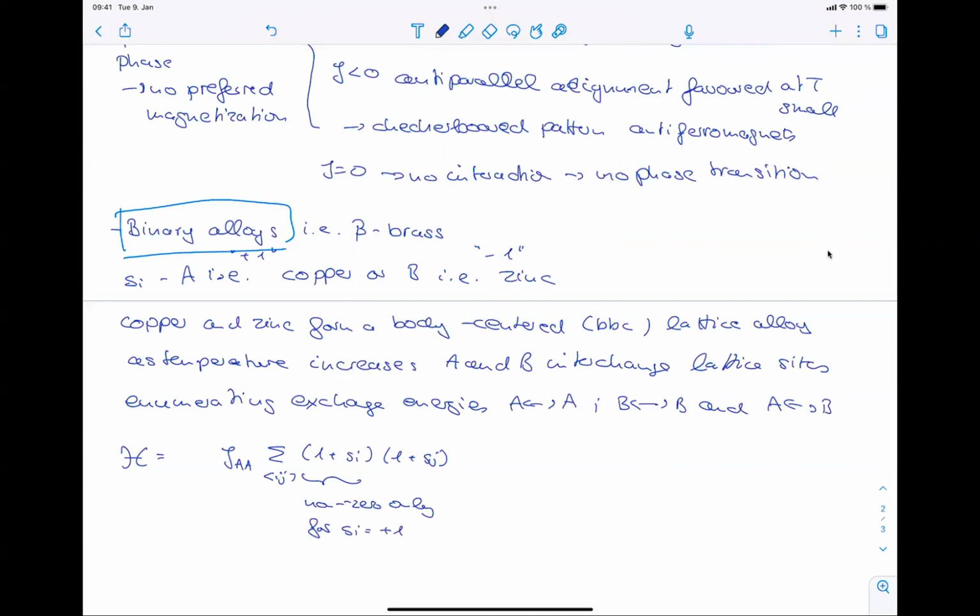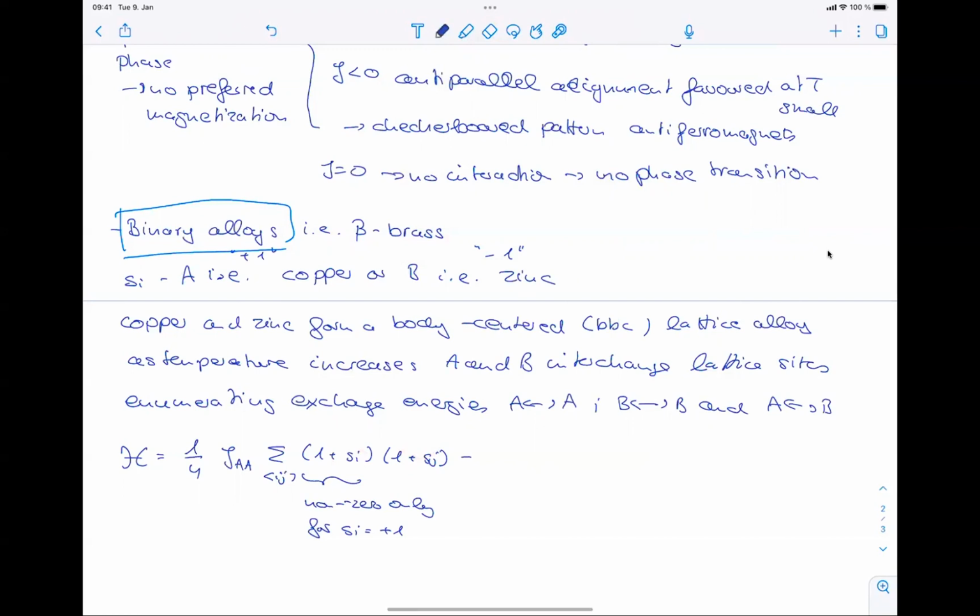So if Si is equal +1, I have a 2 here. If Sj is equal +1, I have another 2 here. I have 2 times 2, so I normalize by 1/4 to normalize for the factor of 4 that I get. And if just one of these spins is in the minus state for state B, I have 1 minus 1, which is equal to 0. So either term will be 0, and then the product obviously is also 0.